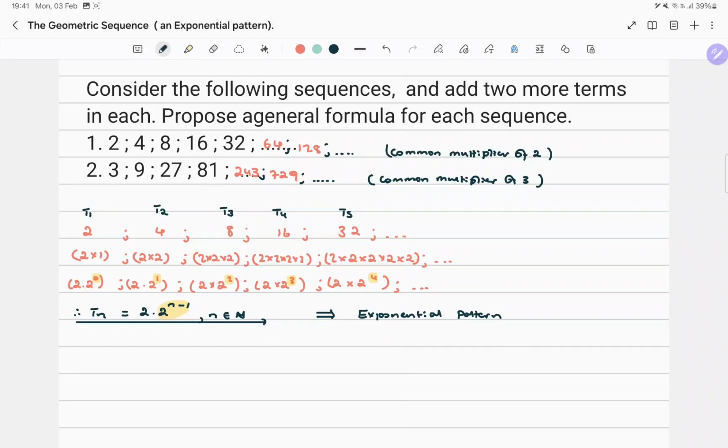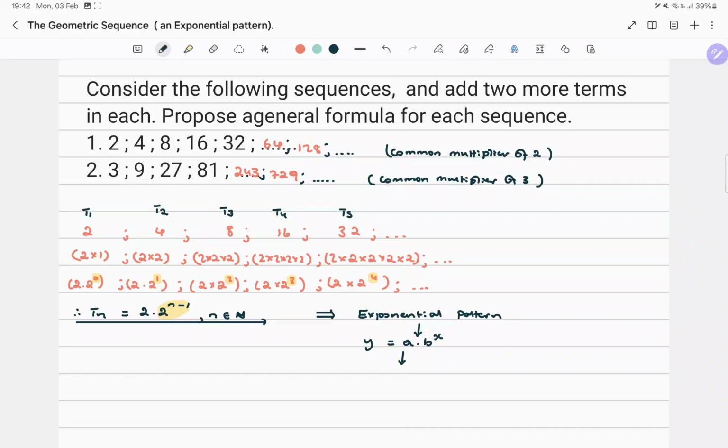It's an exponential pattern. This means it fits well on the model y is equal to a times b to the x. Okay, let's forget about this horizontal shift of minus 1. At the end of the day, this is exactly what it fits into.